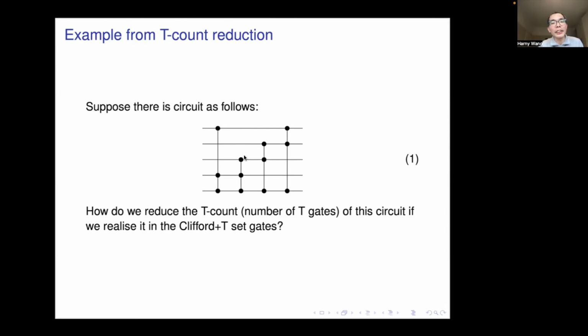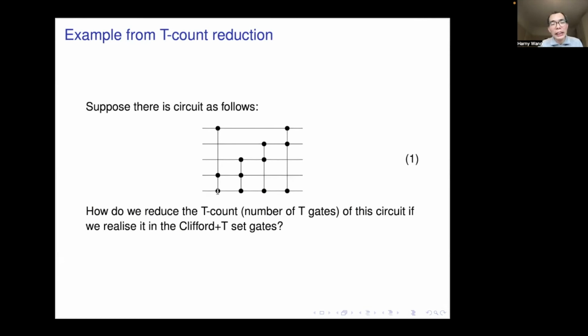So we will see that each CCZ, if you turn it into quantum gates, typically using Clifford plus T quantum gates, you will have some T gates.